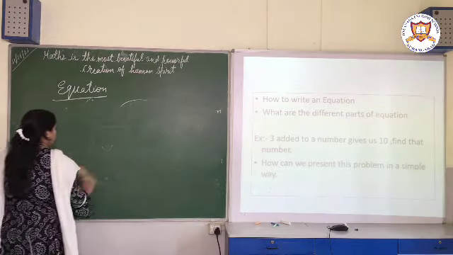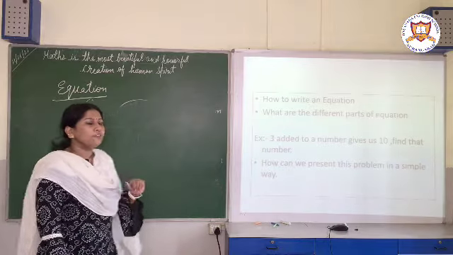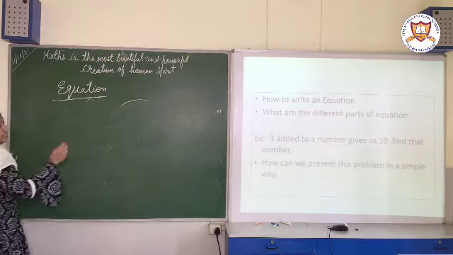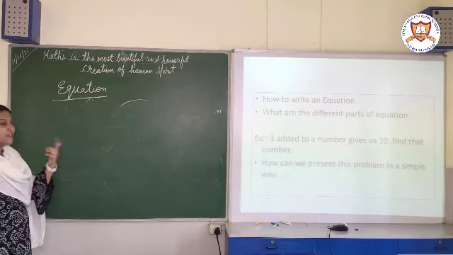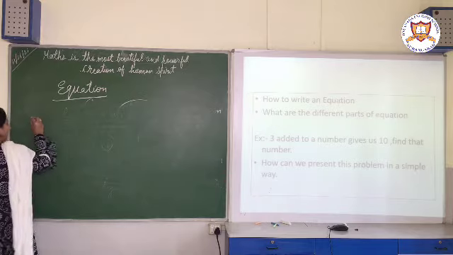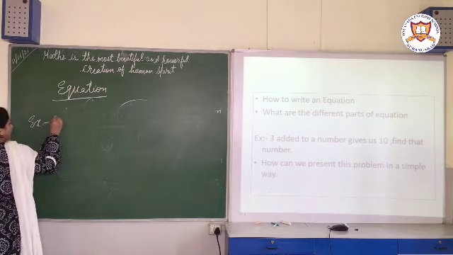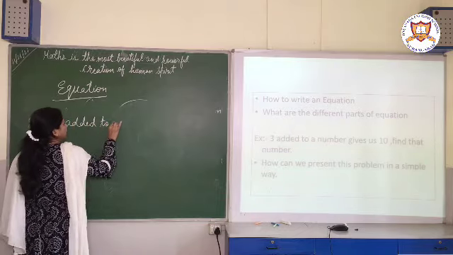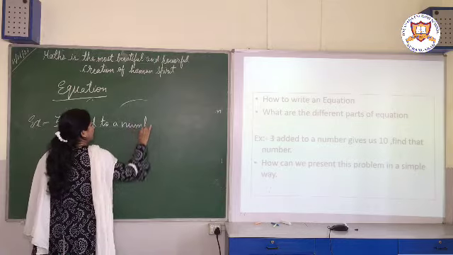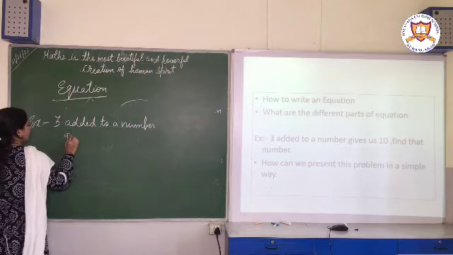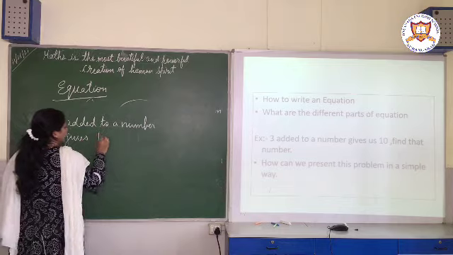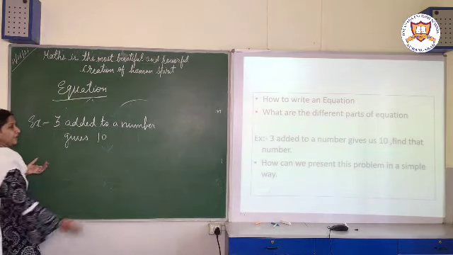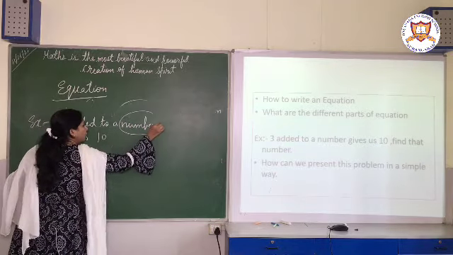But before that, let's first understand what are the different parts of the equation. For this, again we'll take one more example, that is 3 added to a number gives us 10. Now as I said you can take any variable from A to Z, because here we don't know this number.